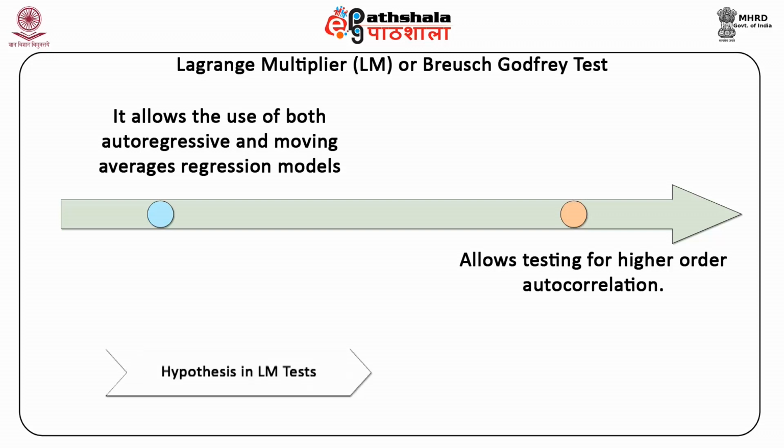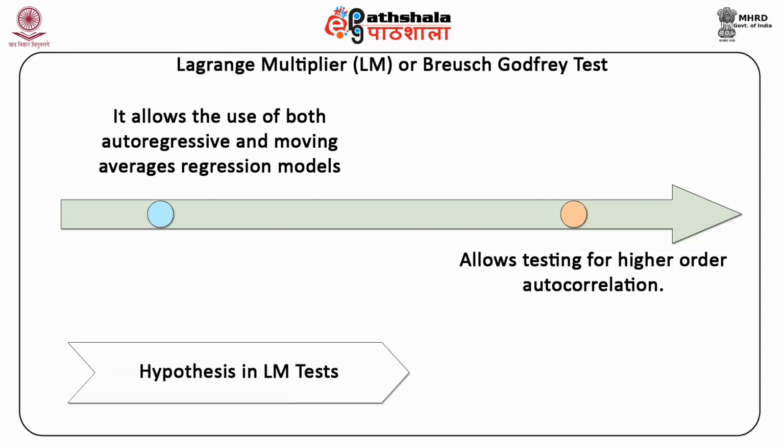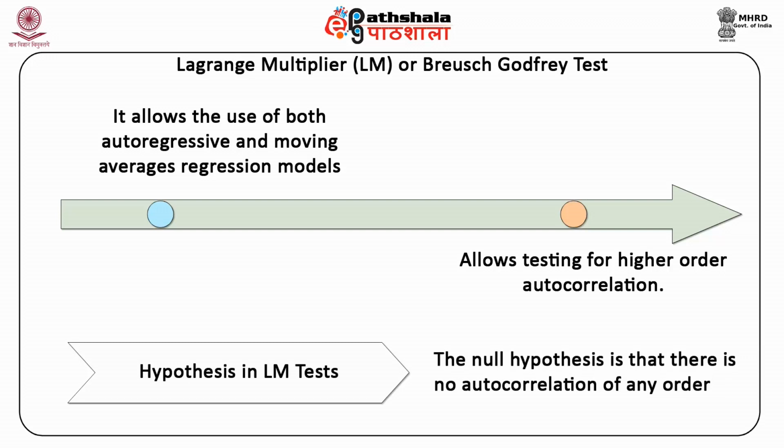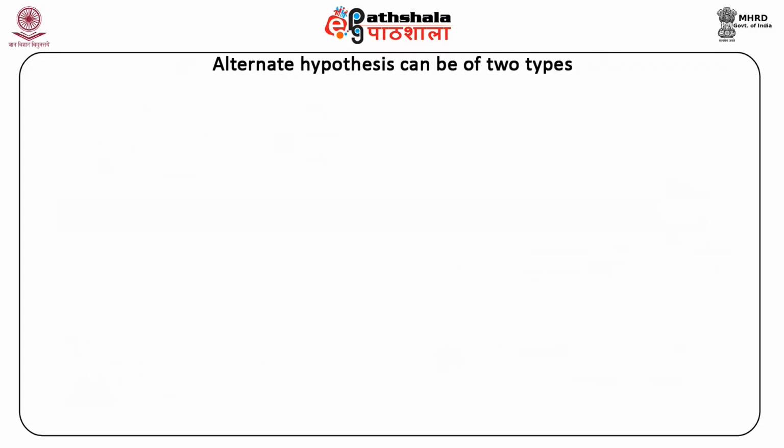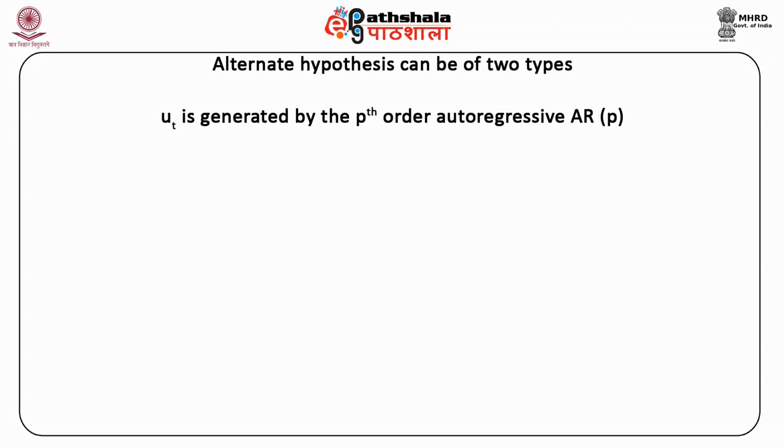So, what are the hypotheses in LM tests? The null hypothesis is that there is no autocorrelation of any order. The alternative hypothesis in this case can be of two types. One, in which UT is generated by the pth order autoregressive, that is AR(p) scheme, as follows.